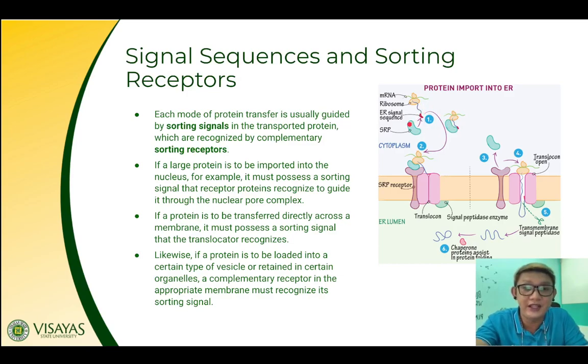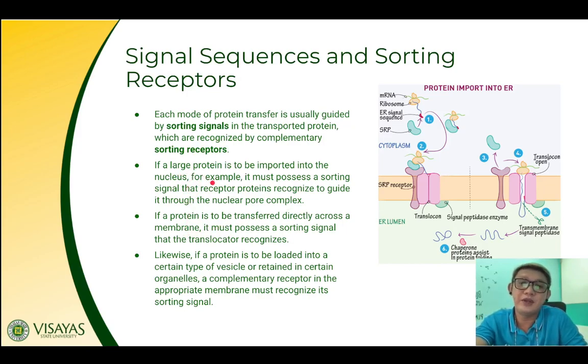So you have here the protein synthesized having a specific signal sequence, or the sorting signal, to the ER only. So once it is recognized by the sorting receptor, the signal recognition particle receptor, it will be transported through the membrane.